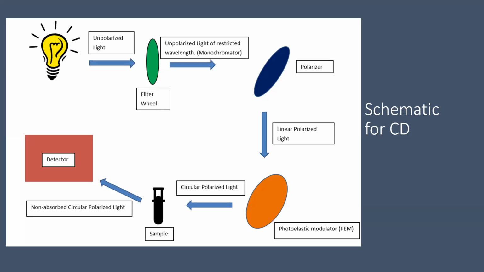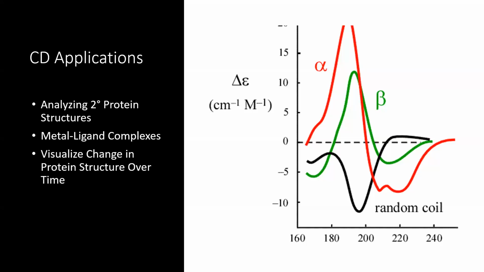So what is this used for? Circular dichroism's major uses are in biology and biochemistry, where it analyzes the structures of proteins, in terms of secondary structures like beta sheets, alpha helices, and random coils, because biological molecules in general are chiral. So they are optically active, which is very useful for circular dichroism.